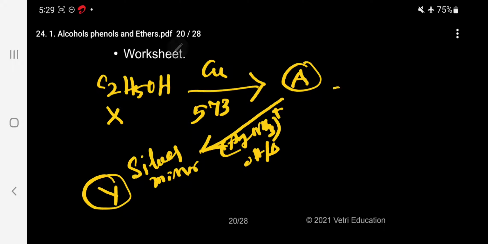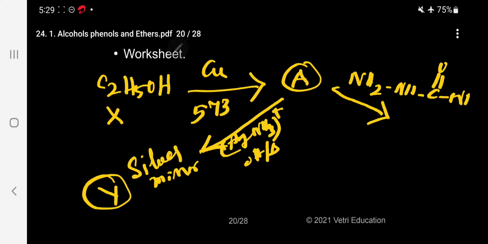Then A, on treatment with semicarbazide, NH2NHCONH2, gives the semicarbazone. The formula is NH2CONH2 for urea, and semicarbazide has one additional NH2.